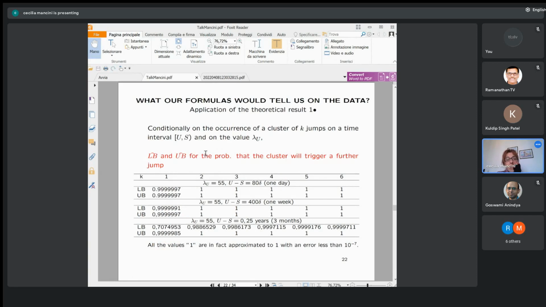Now, what do our formulas tell us on the data?